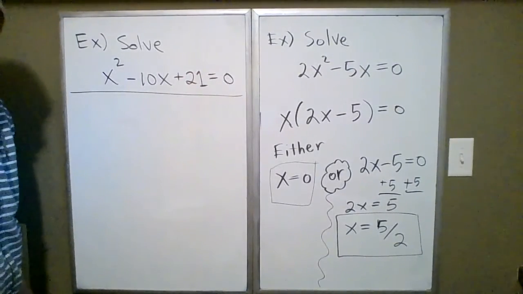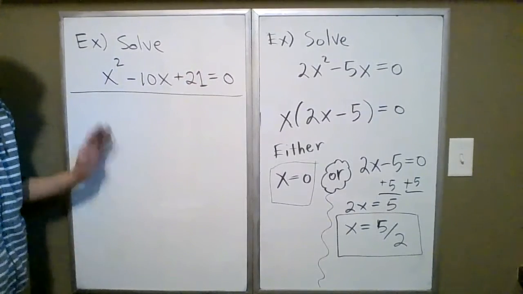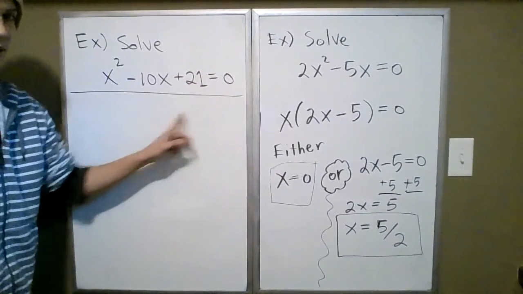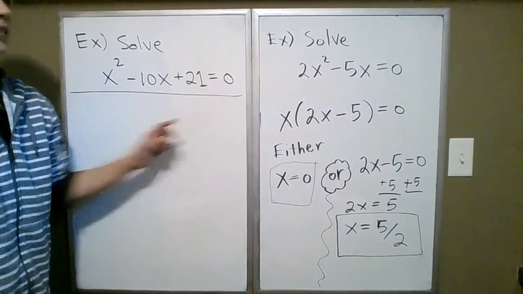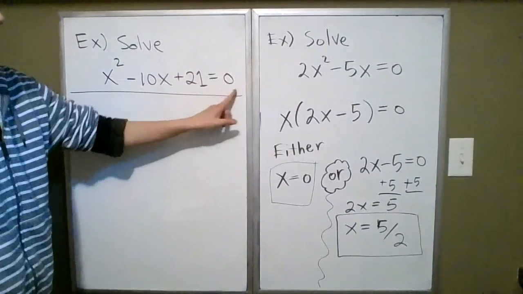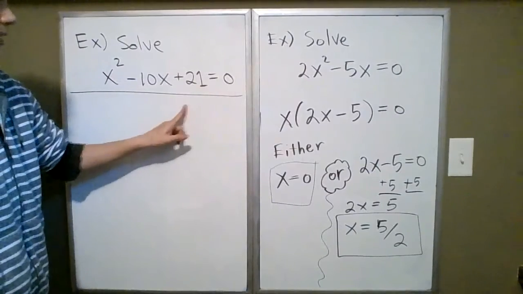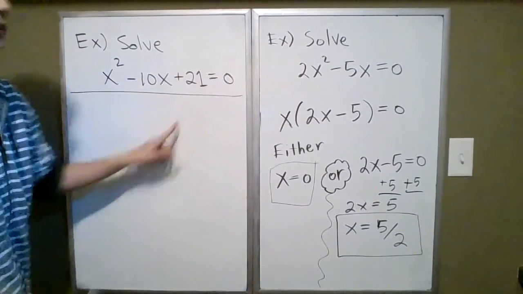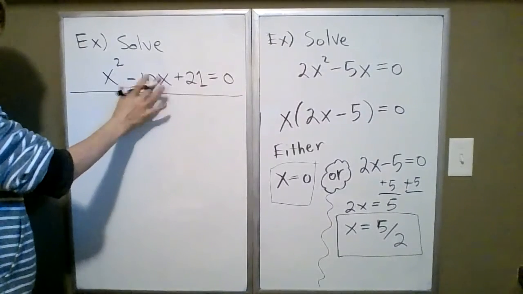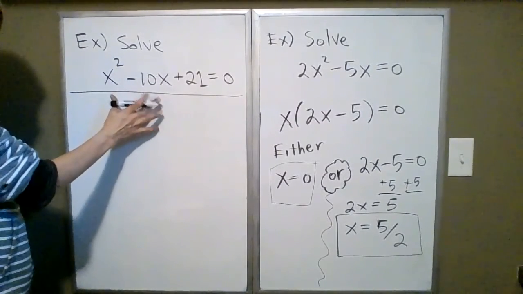Just to remind you of the property, it's when you have a number times a number equal to 0, then you can set each of those numbers equal to 0. So the equal to 0 part is taken care of. I need to write this side as a product. So I'm going to do scratch work to factor this part, the x squared minus 10x plus 21.